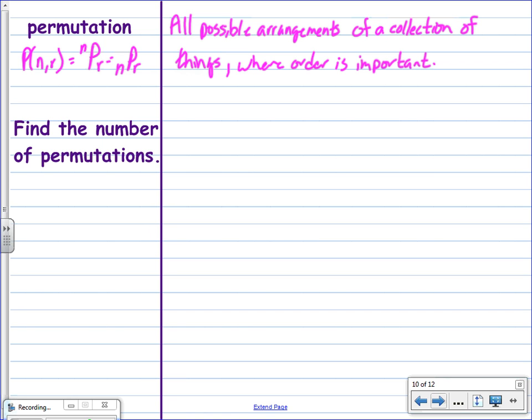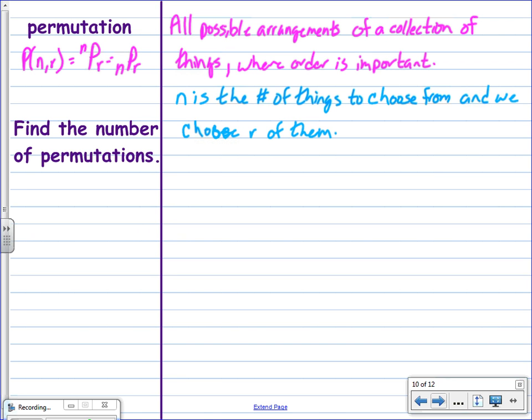And then we want to just define the things in our notation. So n is the number of things to choose from, and we choose r of them.